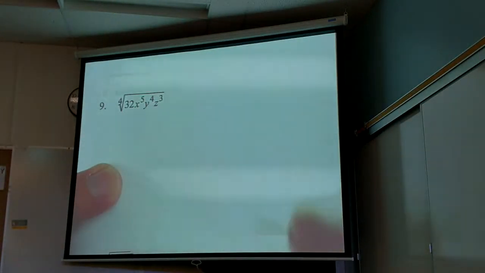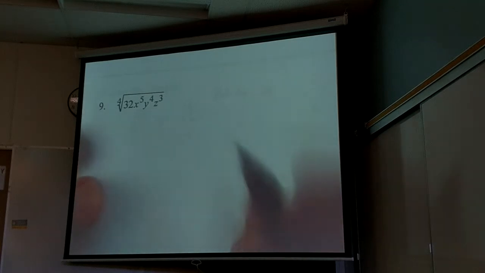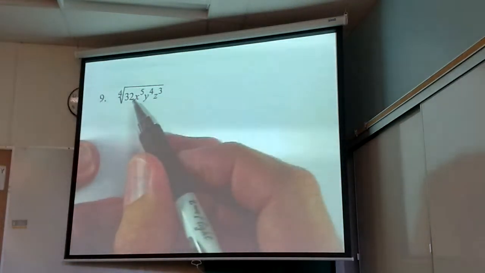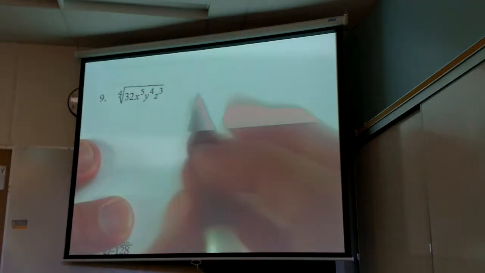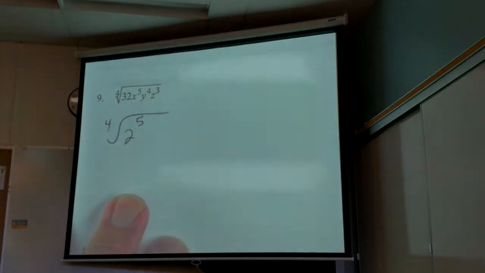So we just talked about this one. Or actually, watch this. Let me do it this way. You ready? Because 32 is 16 times 2, so you could attack it like that. Or, let's rewrite this. 32 is 2 to the 5th, right? We just talked about it a minute ago. There's five 2's in 32.